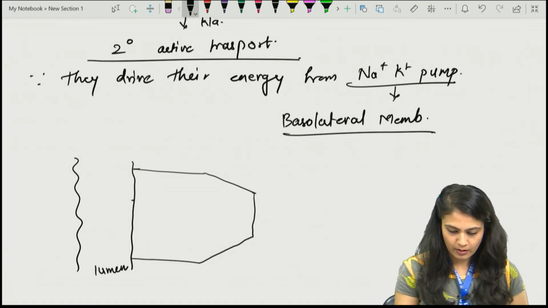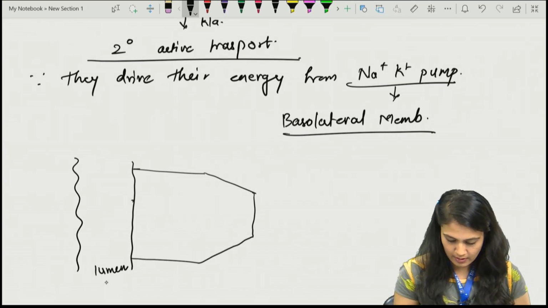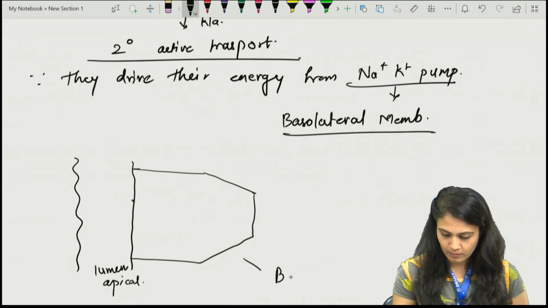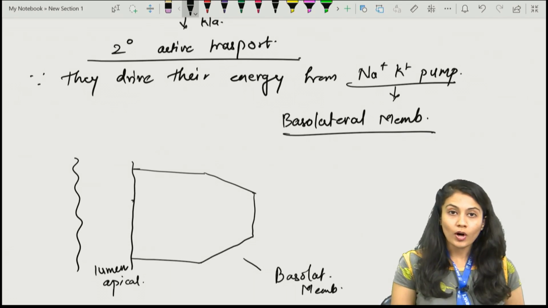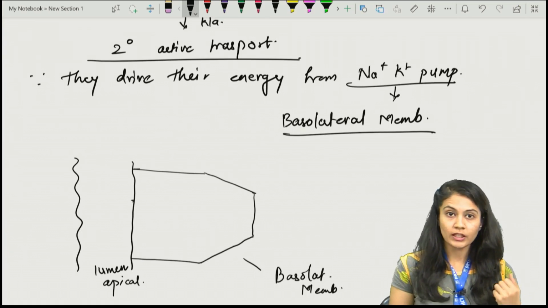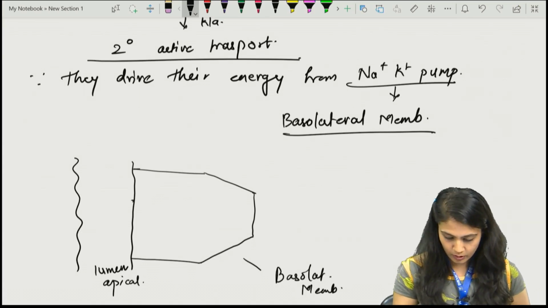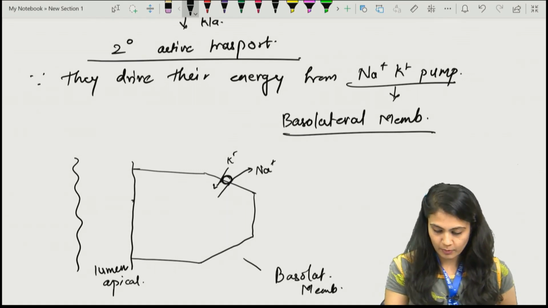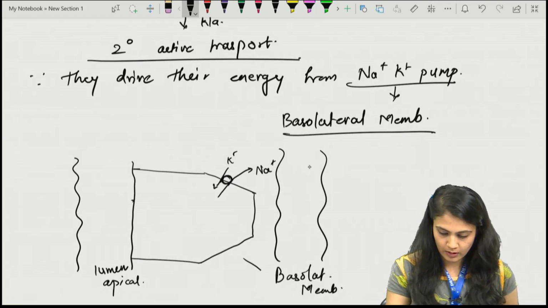This is the apical membrane of the cell facing the lumen, and this is the basolateral membrane, or basolateral side of the cell. Then what happens? Suppose we are talking about sodium and glucose. The sodium potassium pumps are present, and where are they going? They are going ultimately into the blood.